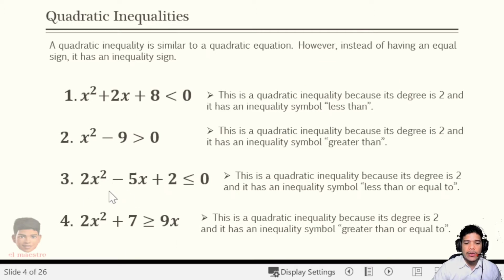You know how to put it in standard form: you just have to transpose 9x to the other side. The other side of our inequality should be 0. As we go further with this lesson, we will use how to transform a quadratic inequality into its standard form, just like a quadratic equation into its standard form, like our previous lesson.